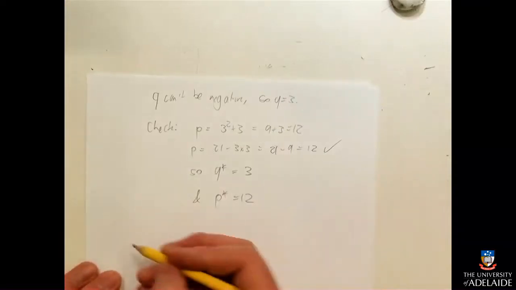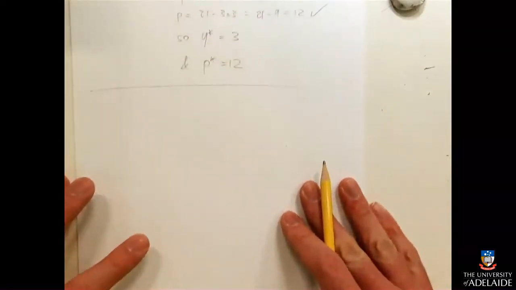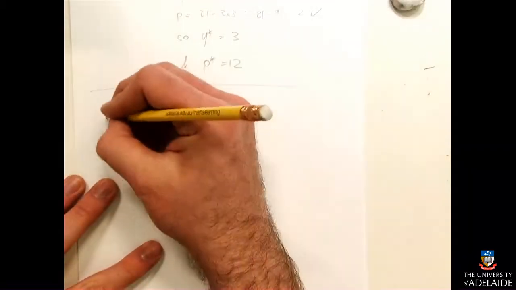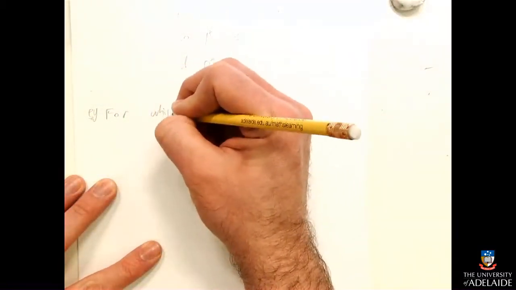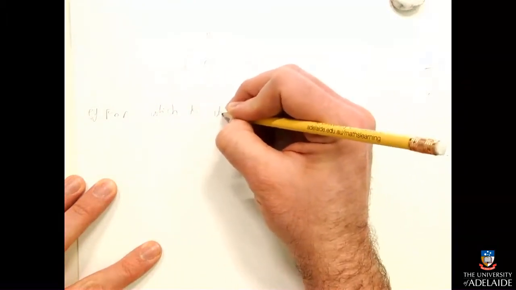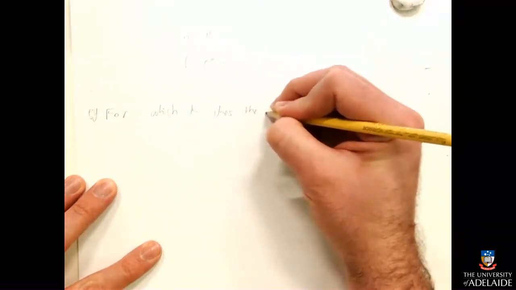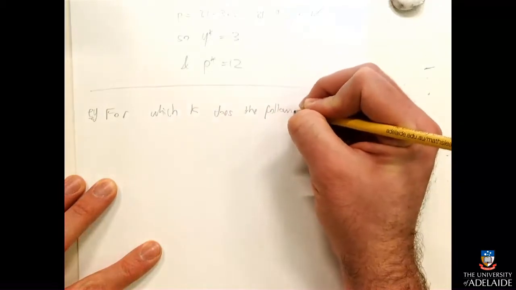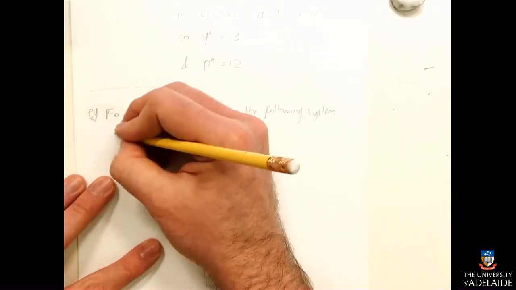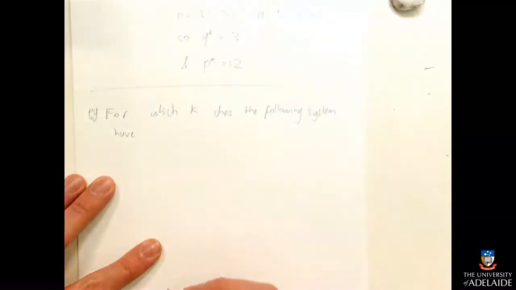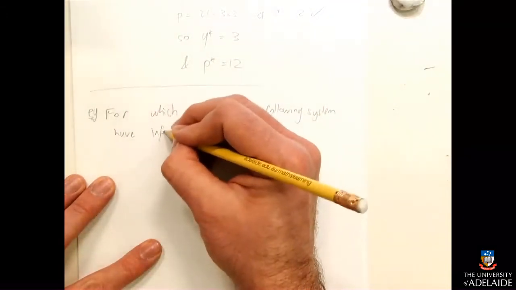Okay, so the next example question that I've been asked to go through is this one. For which k does the following system have infinitely many solutions?